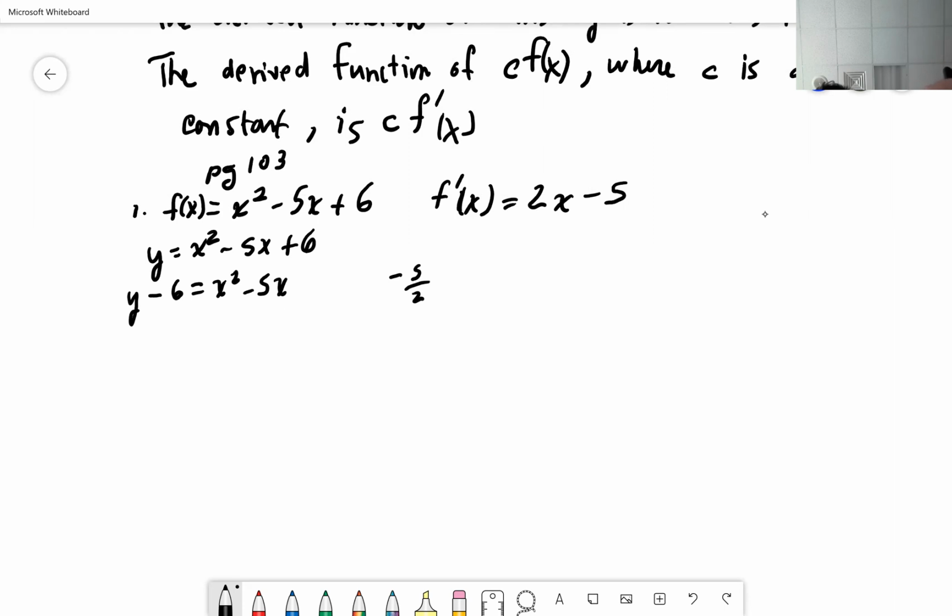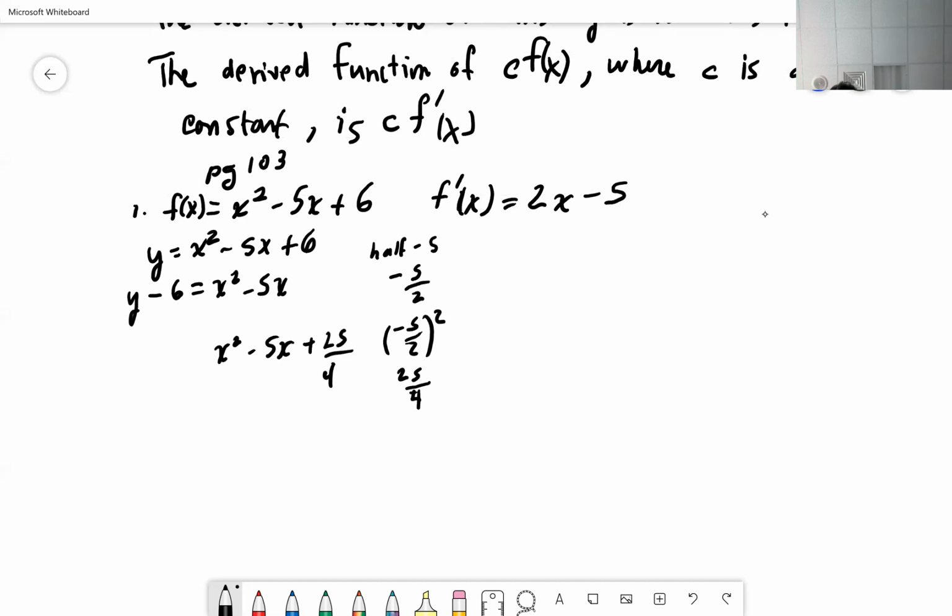That's right, that's half of negative 5. And then when you square that, that's going to be negative 5 over 2 squared, which is 25 over 4. So I'm going to write x squared minus 5x plus 25 over 4.